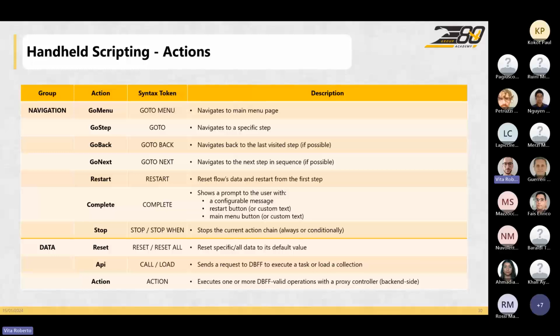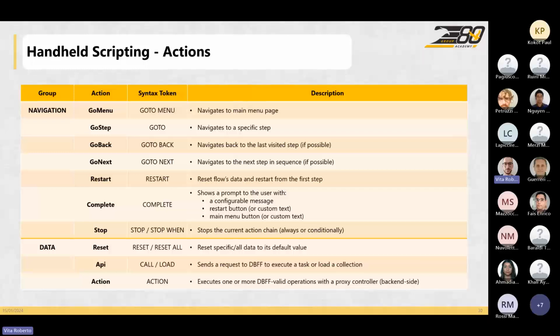Go back, we navigate to the last visited step, of course, if it's possible, if it's not the first one. Go next to go, of course, to the next step in the sequence, if possible. We can restart the flow with the syntax token restart, meaning that we reset all the flow's data to its initial value, and we restart from the first step.